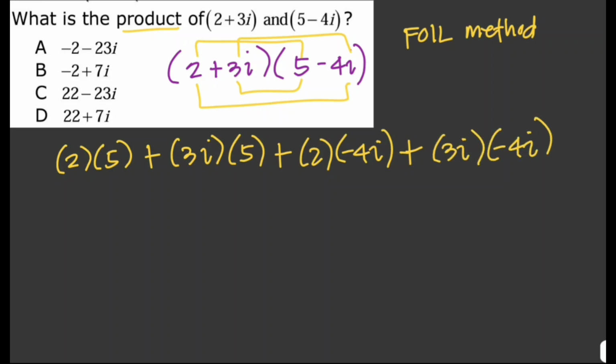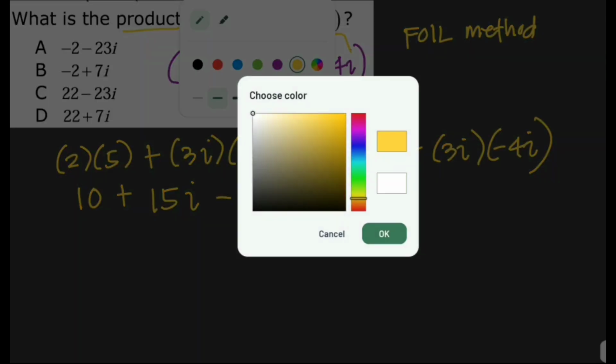Then we simplify. So 2 times 5 is 10, plus 3i times 5 is 15i. 2 times -4i is -8i. Then -4i times 3i is -12i squared.